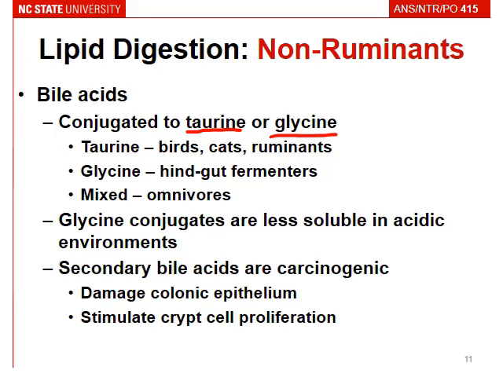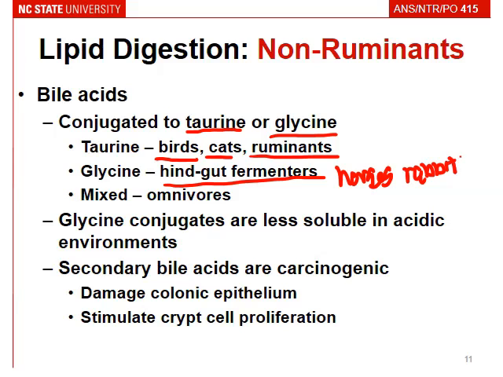Now, taurine is conjugated to the bile salts in birds, cats, and ruminants, whereas we utilize glycine in our hindgut fermenters. So this would be horses, rabbits, etc. And omnivores use a mixture of both taurine and glycine.